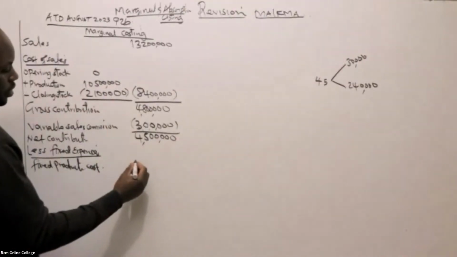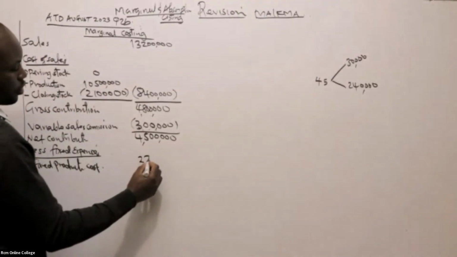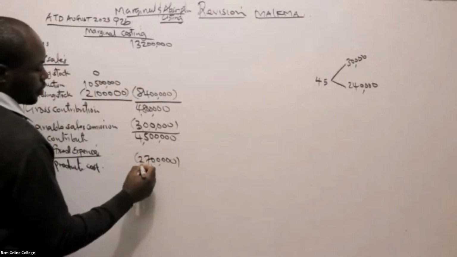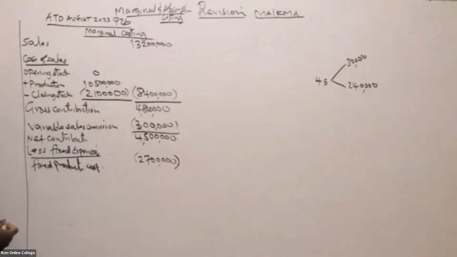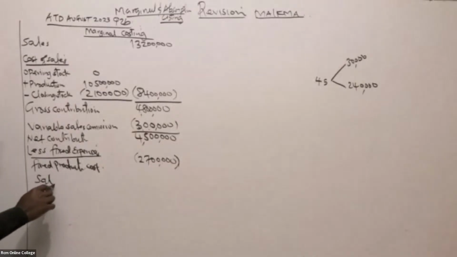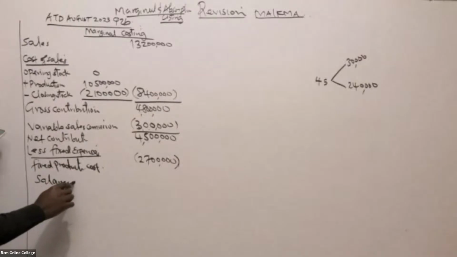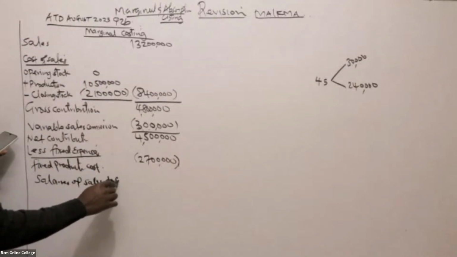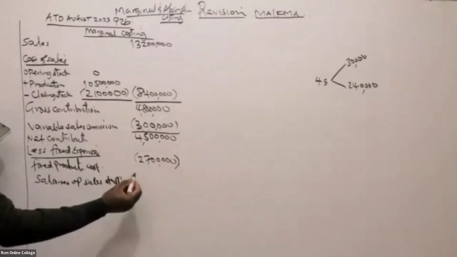So that's what we need to record here, 2,700,000. Then we now need to less the fixed non-production. And one of the fixed non-production is salaries of sales staff. That is 450,000.